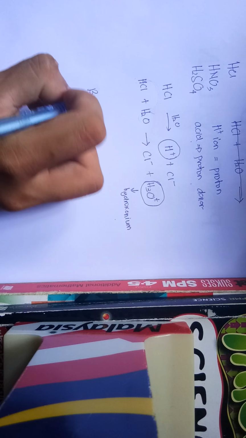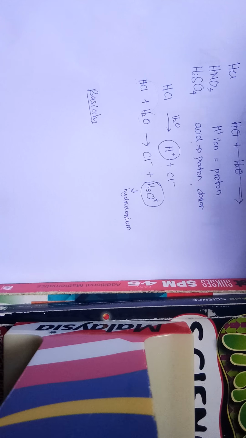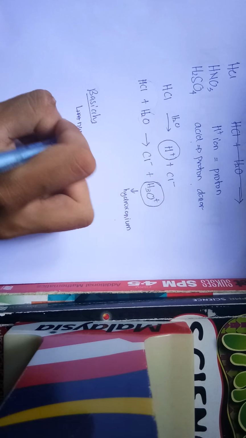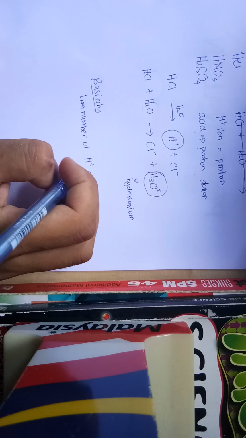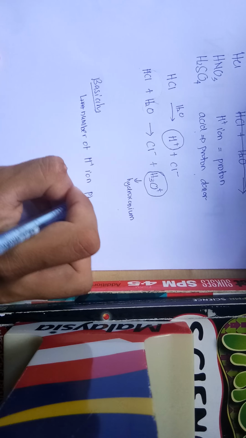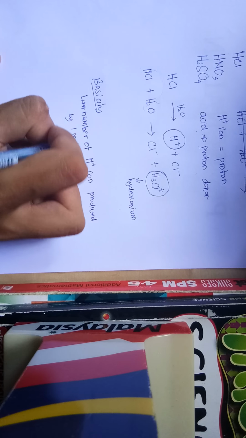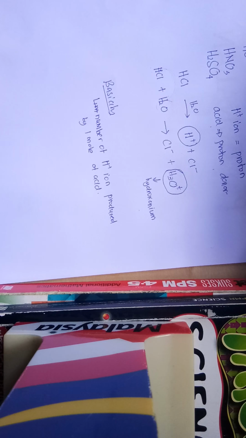If you refer to your module, the basicity of acid is the number of H plus ion produced by 1 mole of acid. So basicity means you want to know how much H plus ion will be produced by 1 mole of acid.